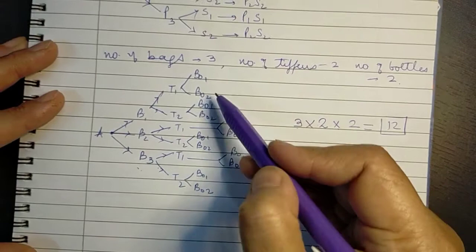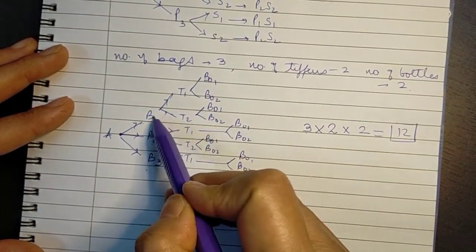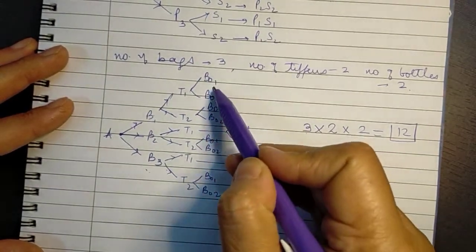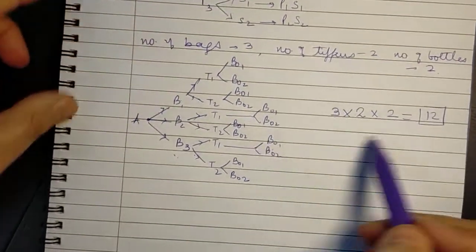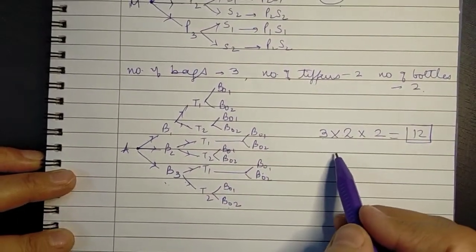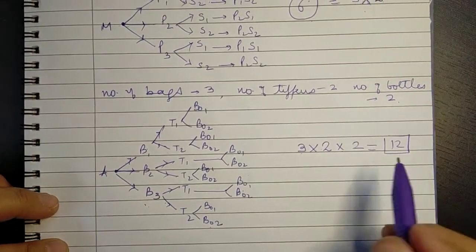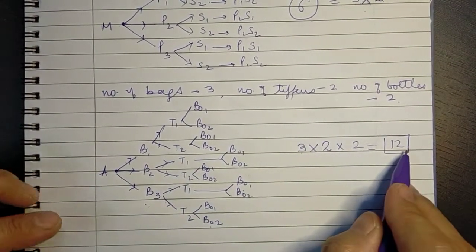If you just count these 12 sets, B1 T1 BO1, then B1 T1 BO2, and so on: 1 2 3 4 5 6 7 8 9 10 11 12. So rather than making a list of all this, we can directly write the number of possible sets as 3 into 2 into 2 equal to 12.